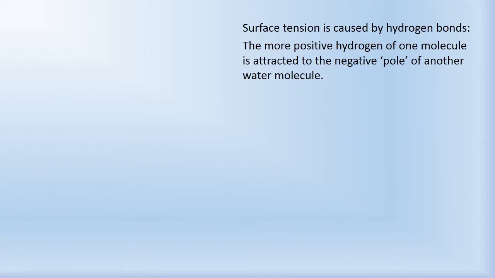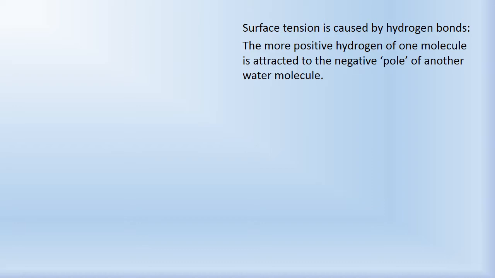Surface tension is caused by hydrogen bonds. This is where you have molecules of water being attracted to each other. So the more positive hydrogen side of one molecule is attracted to the negative pole or side of another water molecule. And this is what gives water surface tension.